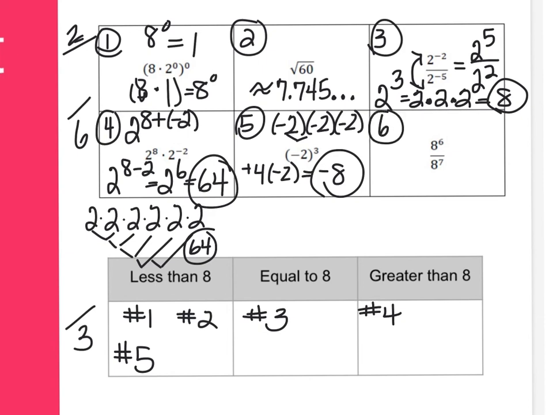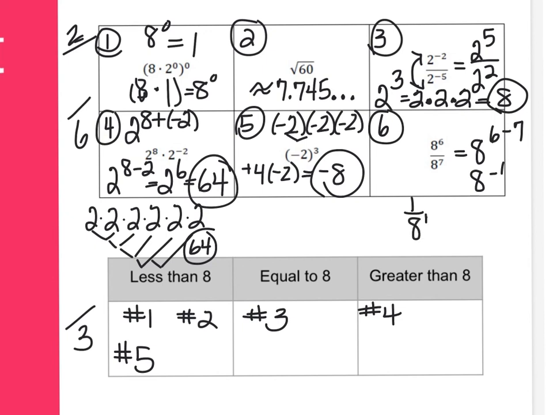All right, number 6. I'm dividing terms with like bases, so it's very similar to number 3. It looks like I'm going to subtract the exponents. 6 minus 7, so that's 8 to the negative 1. How do you make an exponent positive? We're going to do the reciprocal.